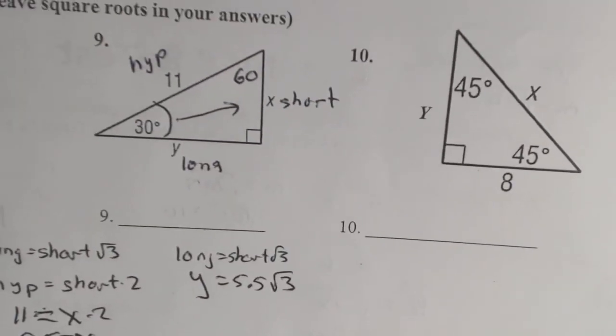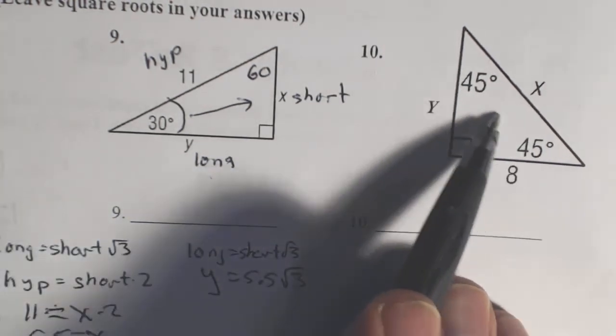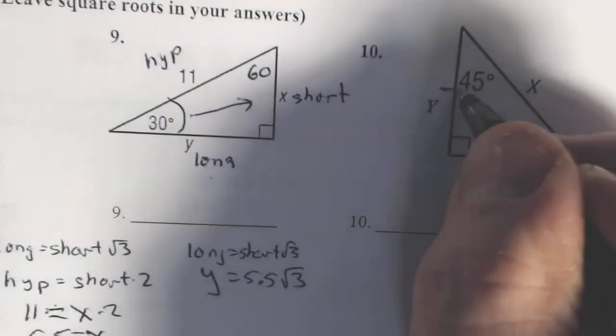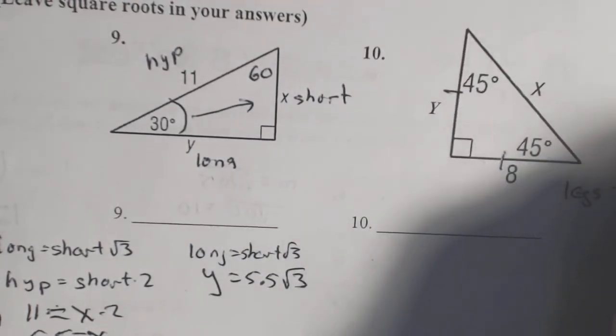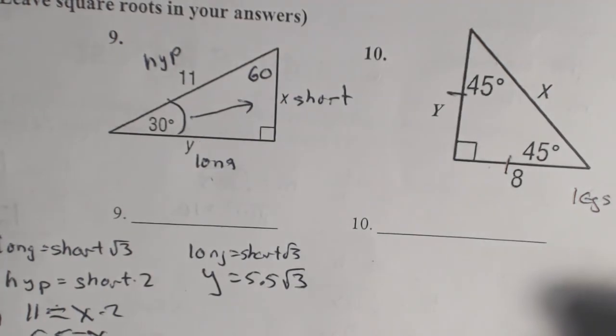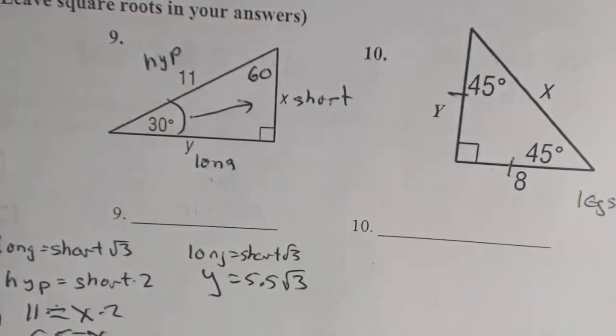Now look, when you get to the 45-45-90s, one of the things has to be really easy. If the two angles are the same, then the two legs are the same. So your rule here is legs are congruent or equal. The rule for the hypotenuse is that it's the leg times root 2.